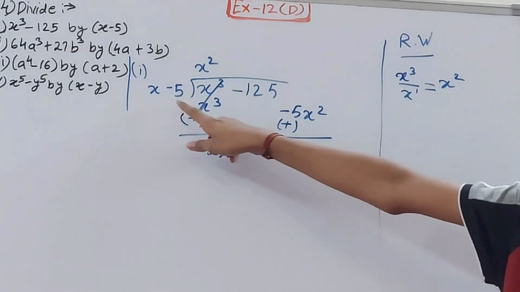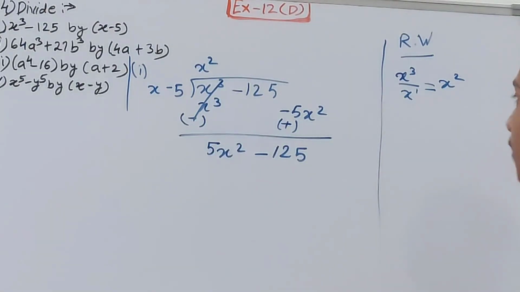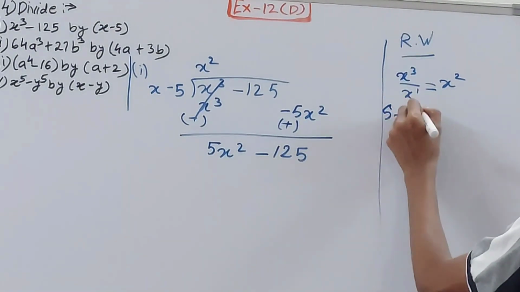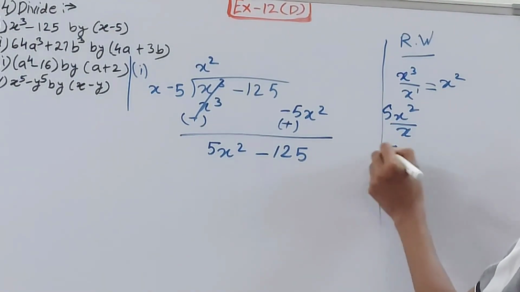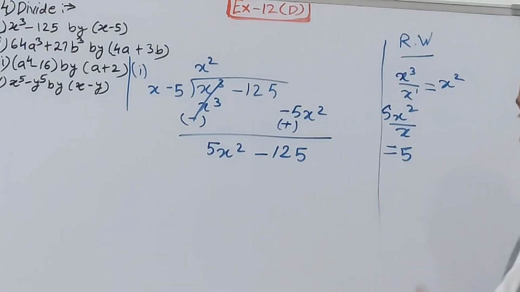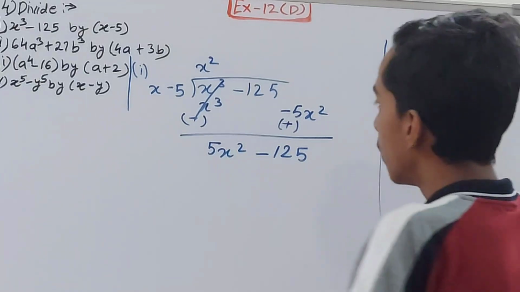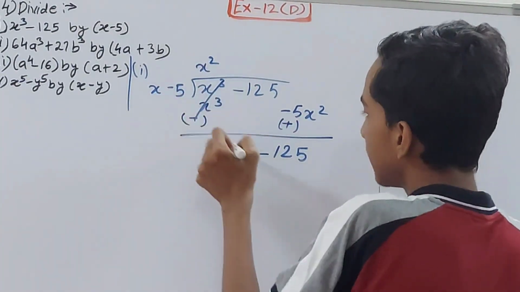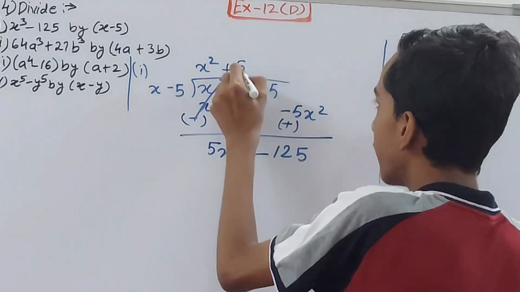Now divide 5x square by x. 5x square by x, so 2 minus 1, that means simply x. So what will you get here? 5x, so here you write plus 5x.